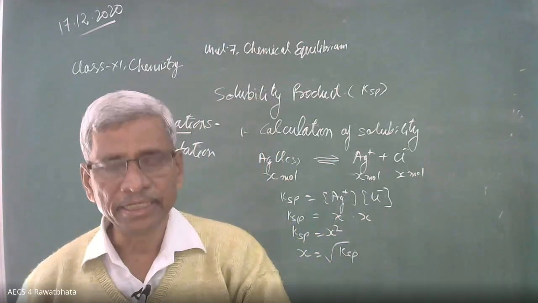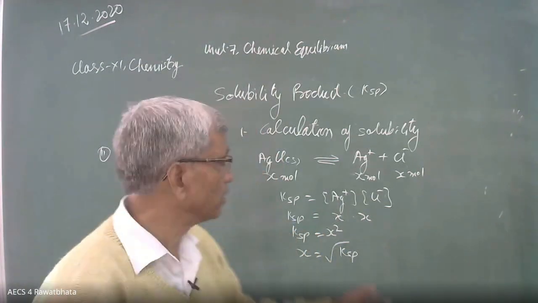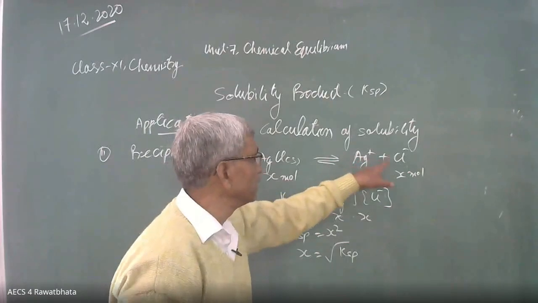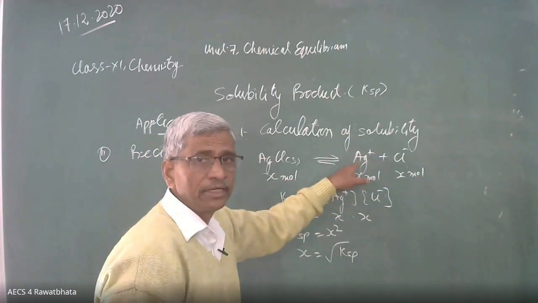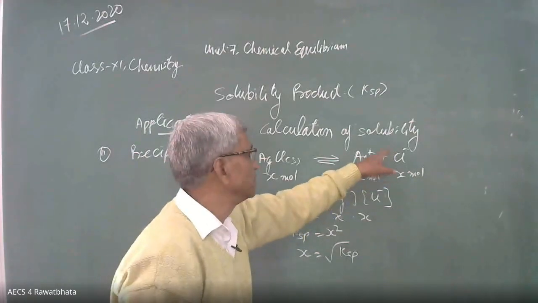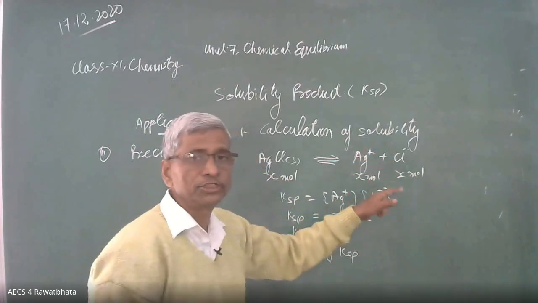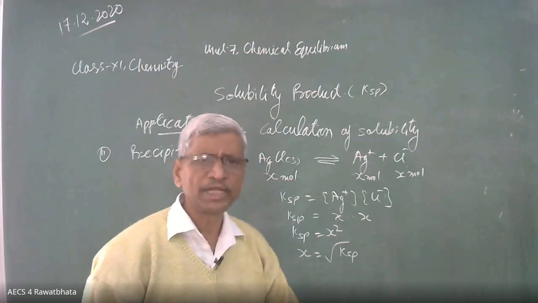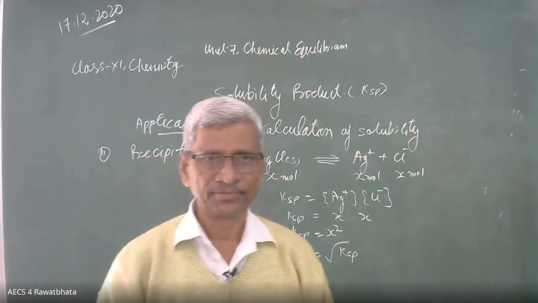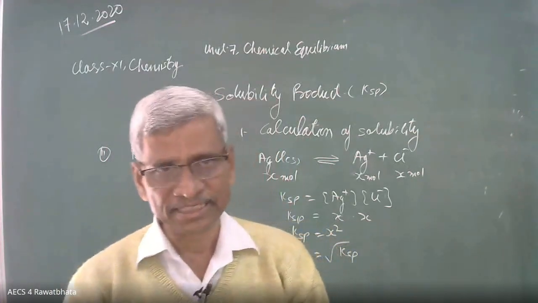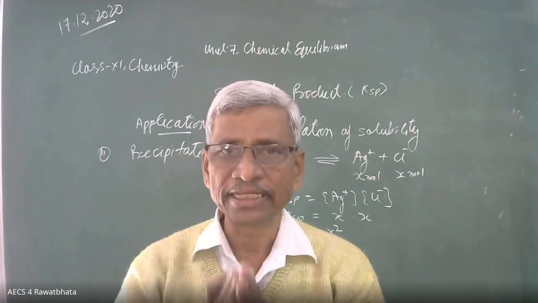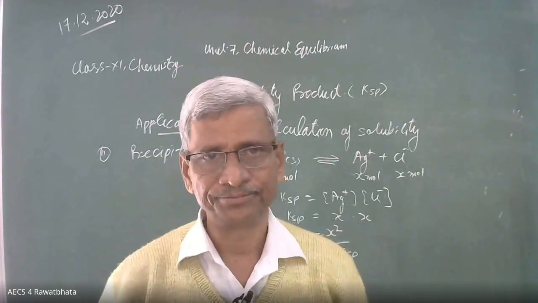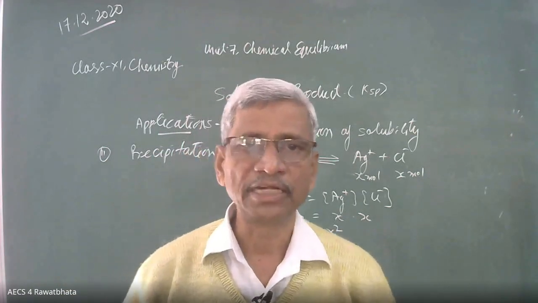When we add AgNO3, the product of Ag ion and chloride ion matters: Ag ion we have added, chloride ion already in the solution. If the multiple of these two concentrations is more than the solubility product, precipitation starts. The precipitation concept is this: when the ionic product exceeds the solubility product, precipitation will take place.